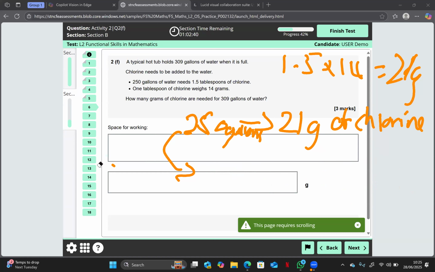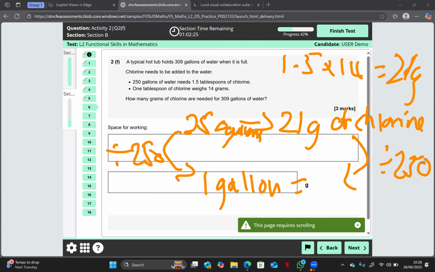So we know that 1 gallon, if we divide it by 250, then we divide the grams by 250. So 21 divided by 250 equals 0.084 grams of chlorine in each gallon.